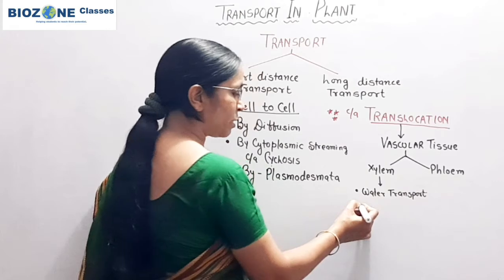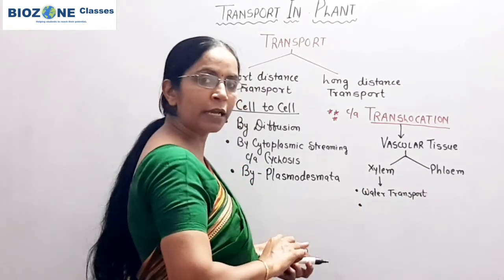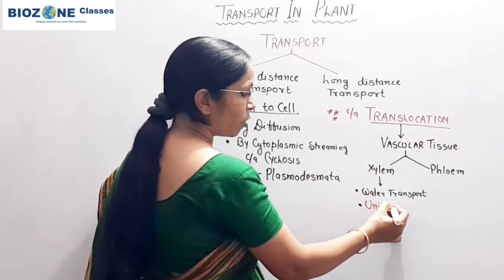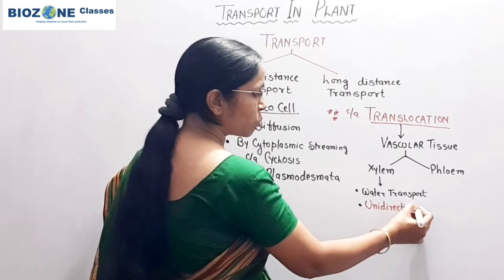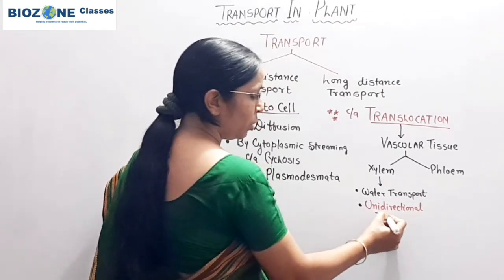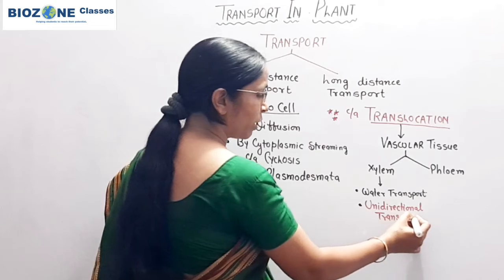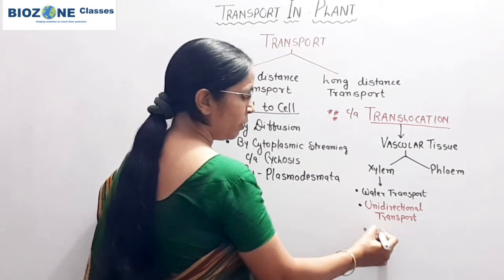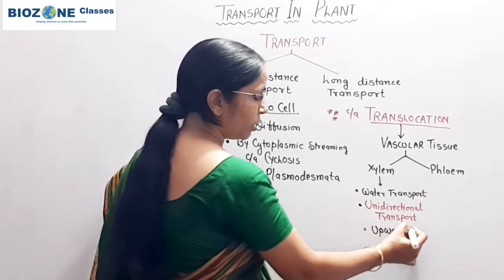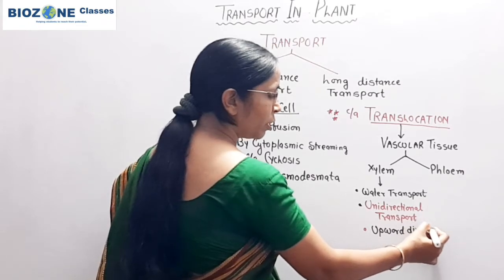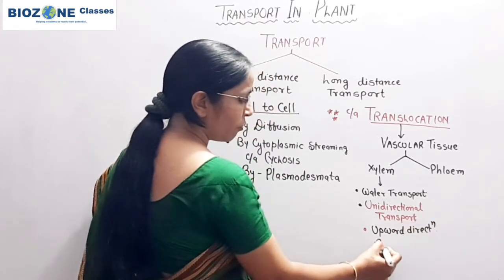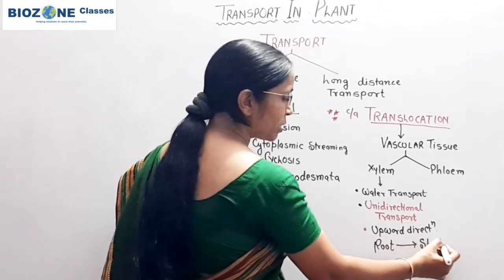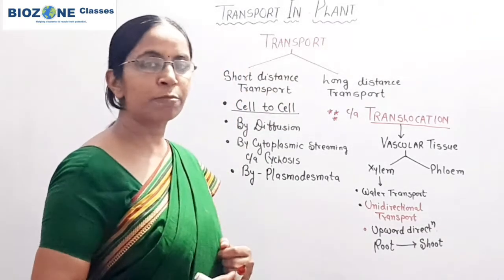Secondly, when xylem transports water, it is responsible for unidirectional transport. That means the transport always takes place in one direction, the upward direction, and upward in a plant means from root towards shoot.